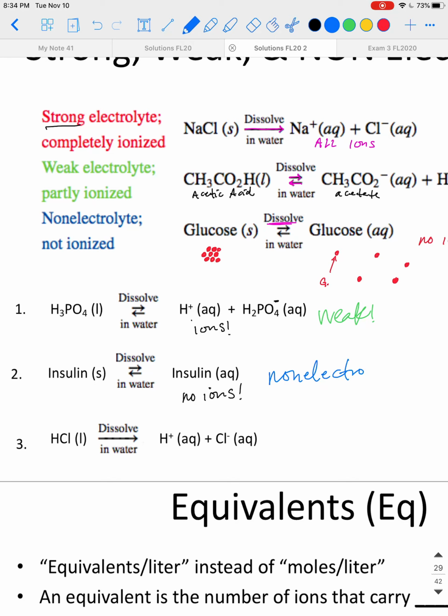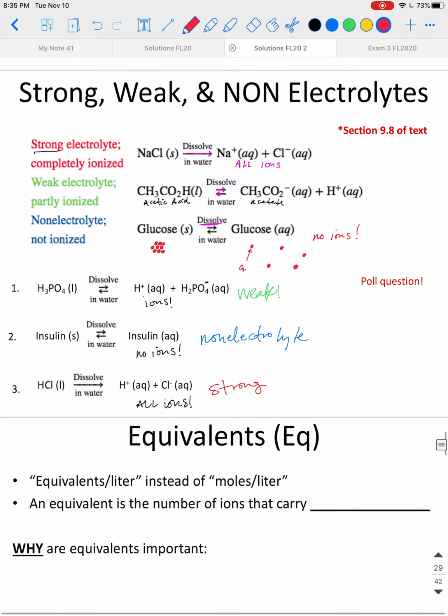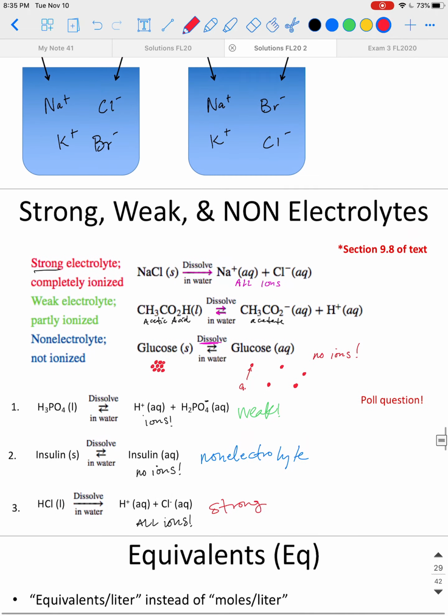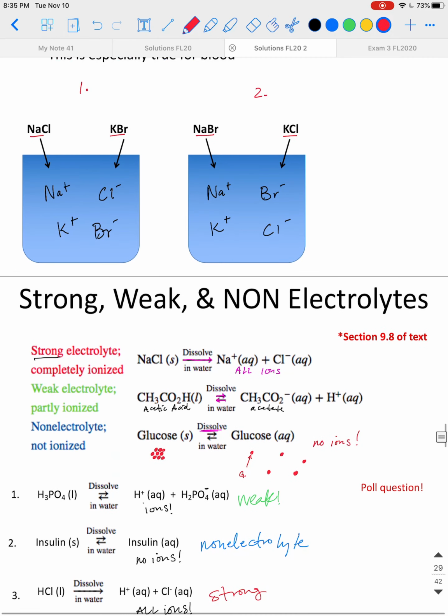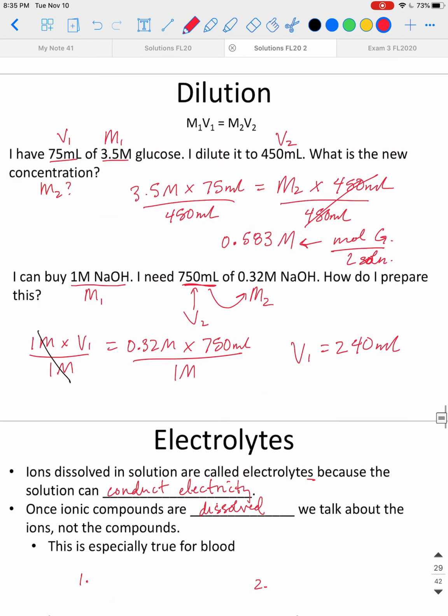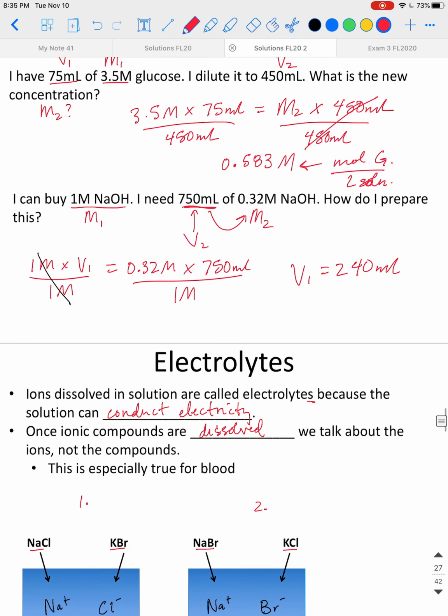So that means it is a non-electrolyte. And then on the last one, HCl, we have a single arrow pointing towards all ions. So this means it is a strong electrolyte. Okay, so make sure you can convey the difference between these things.